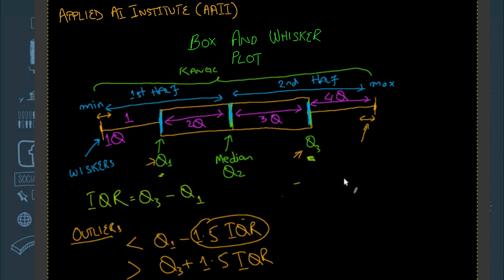So this is the overall idea of the box and whisker plot, and it is very helpful. These graphs are very helpful to form a relationship between categorical and continuous data. Maybe the categorical data is male and female, which is a category, and the continuous data is age.